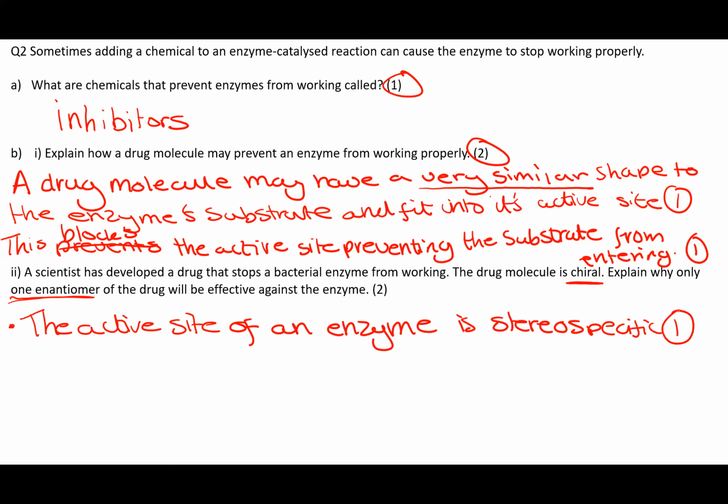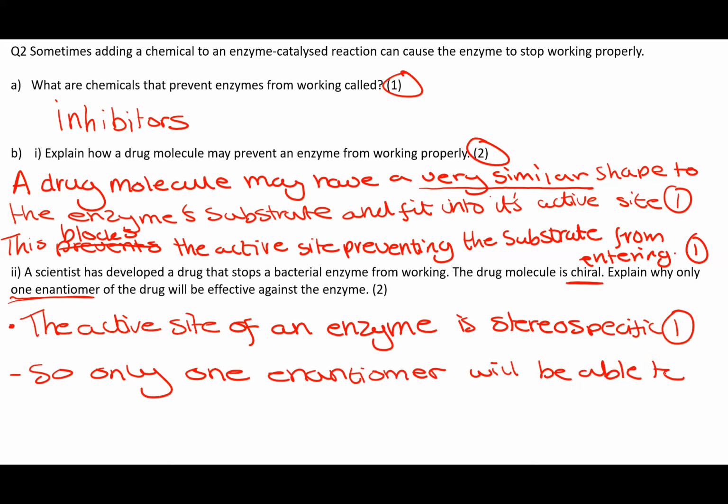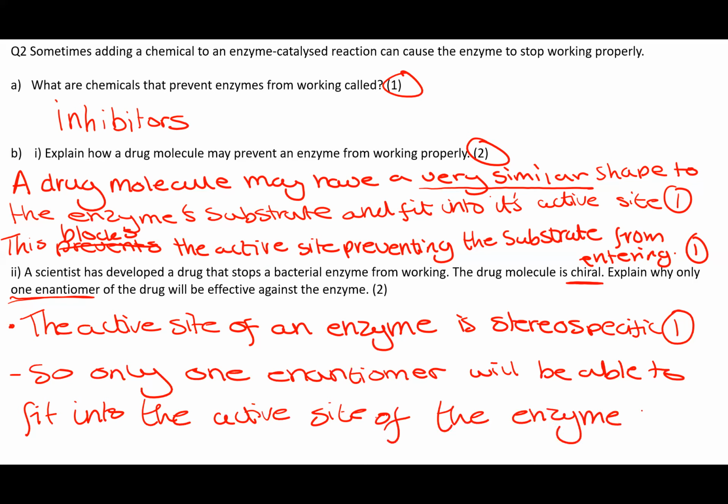First mark. So only one enantiomer will be able to fit into the active site of the enzyme. And that'll get you the second part of that mark.